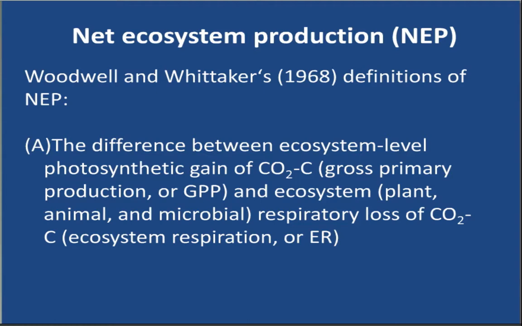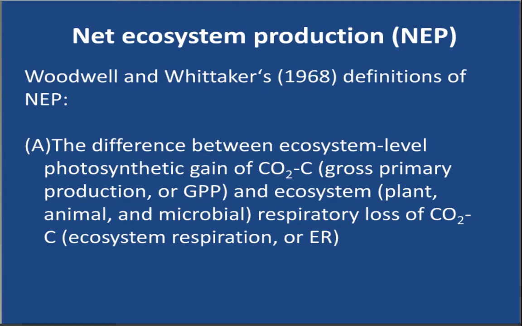So when we talk about carbon loss or carbon gain, we are most often talking about net ecosystem production, which is a term that was defined by Whittaker and Woodwell in 1968. And it's most often understood as the difference between ecosystem level photosynthetic gain, gross primary production, plant photosynthesis, and ecosystem carbon loss, plant, animal, and microbial respiration, or ecosystem respiration in the aggregate.